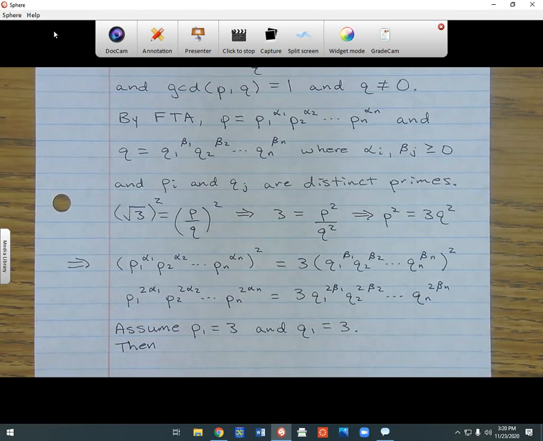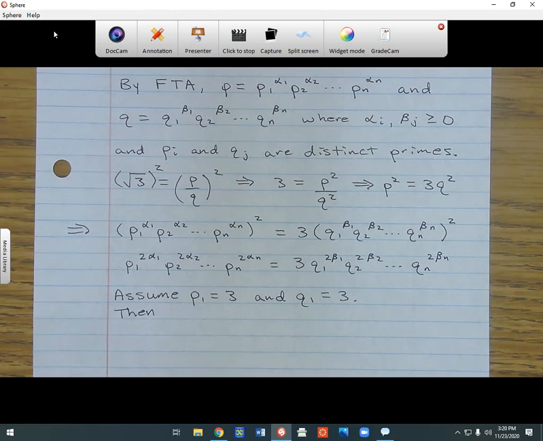Well, if you look on the left side, how many 3's are going to show up here? Well, if alpha 1 was 0, then I wouldn't have any 3's to speak of. But if alpha 1 was 1, I would have p1 squared, which means I would have 2 of the 3's, right? And if alpha 1 was 2, then I would have 4 of the 3's.